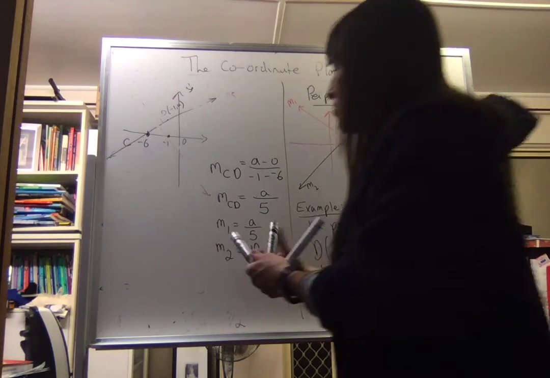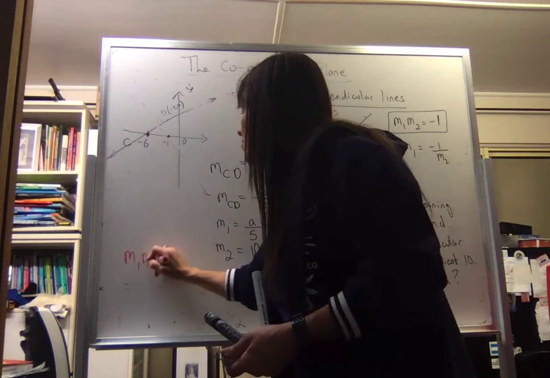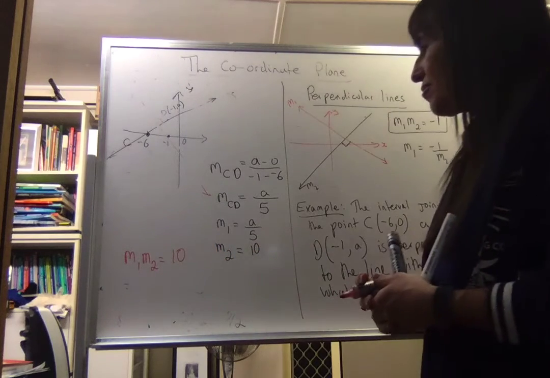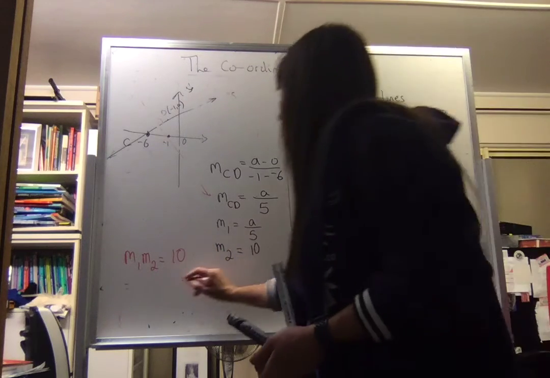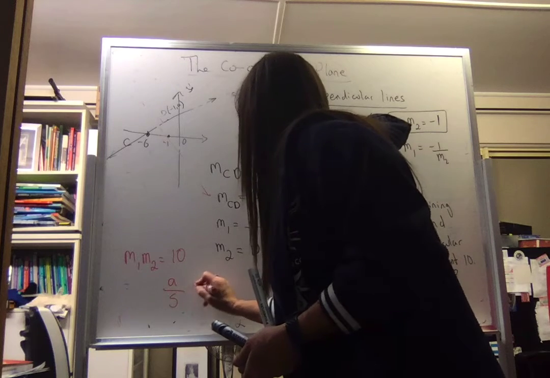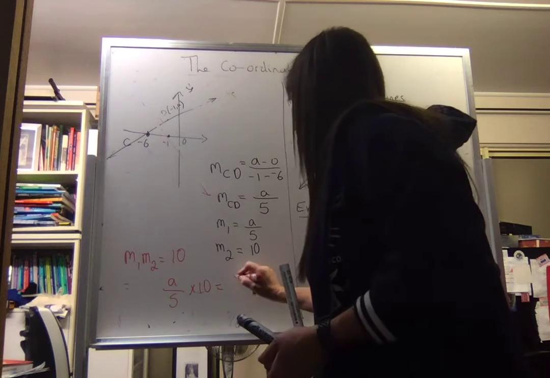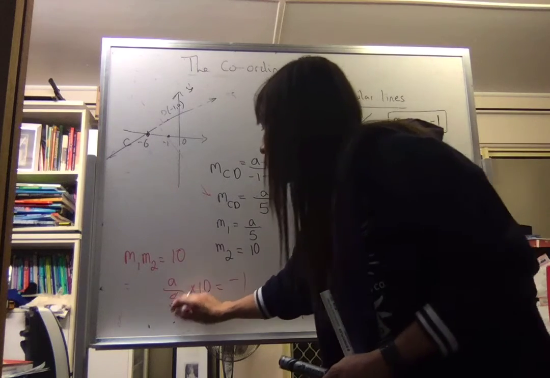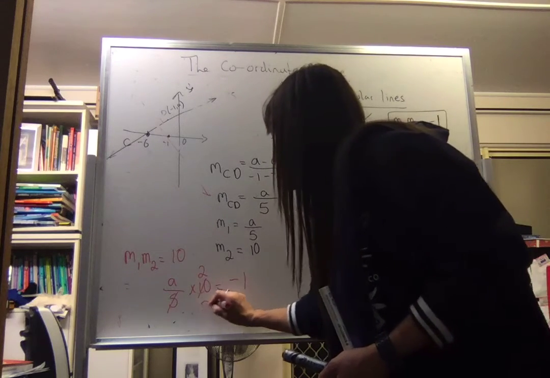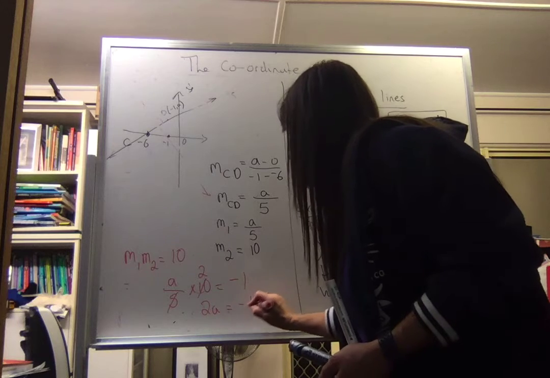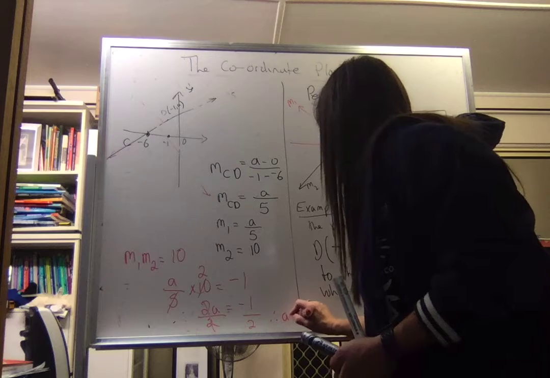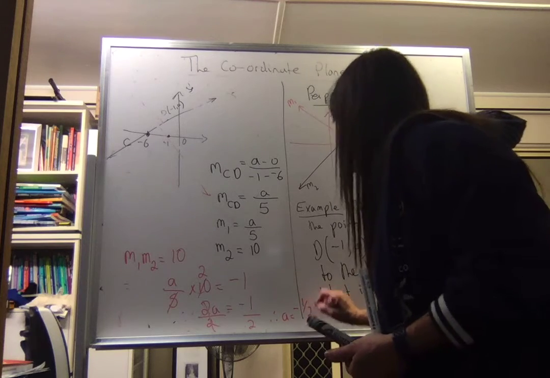So using the rule, M1 times M2 is equal to -1, I end up with a on 5 times 10 is equal to negative 1. So now I have an equation, and this is easy to solve. 5 into 10 goes twice, so I end up with 2a is equal to negative 1, divide by 2, therefore a equals negative a half.